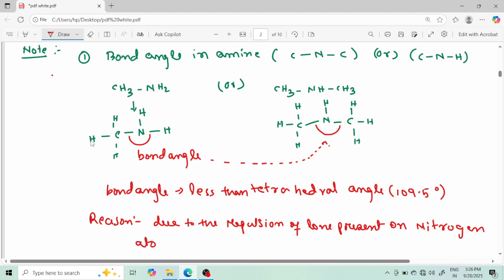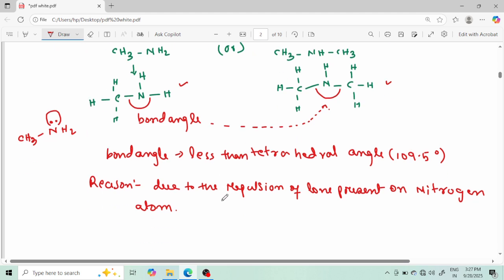If I draw this example, CH3NH2, usually nitrogen has one lone pair. It is not shown in this diagram, but they have this lone pair, and because of this lone pair they repel the bonds. And that's why the bond angle is less than the tetrahedral angle. So that's the reason for the direct 1 mark MCQ-based question.